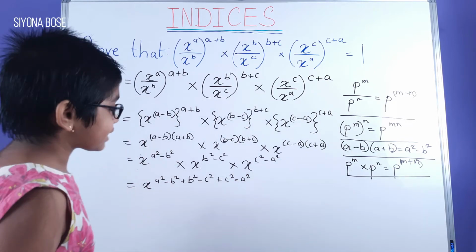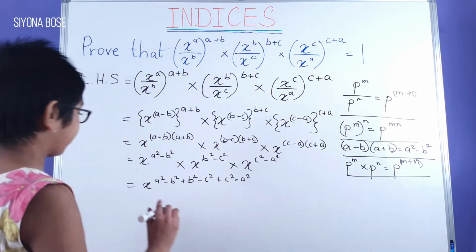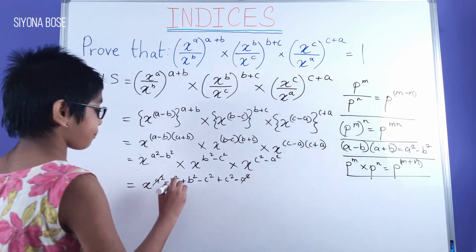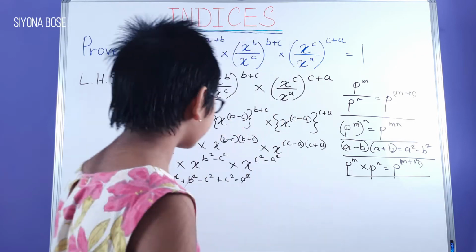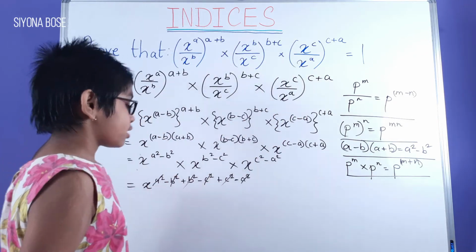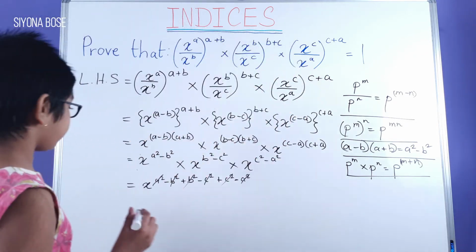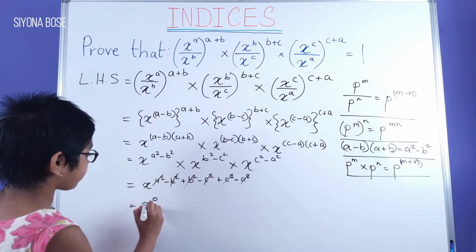And now we can say that a squared and a squared can be canceled, b squared and b squared can be cancelled, and c squared and c squared can be cancelled, which is leaving us with x to the power of 0.